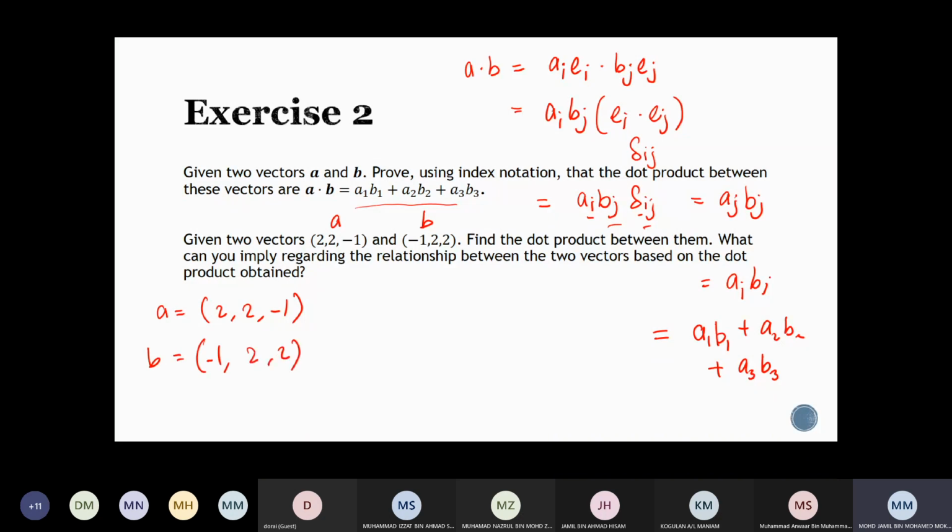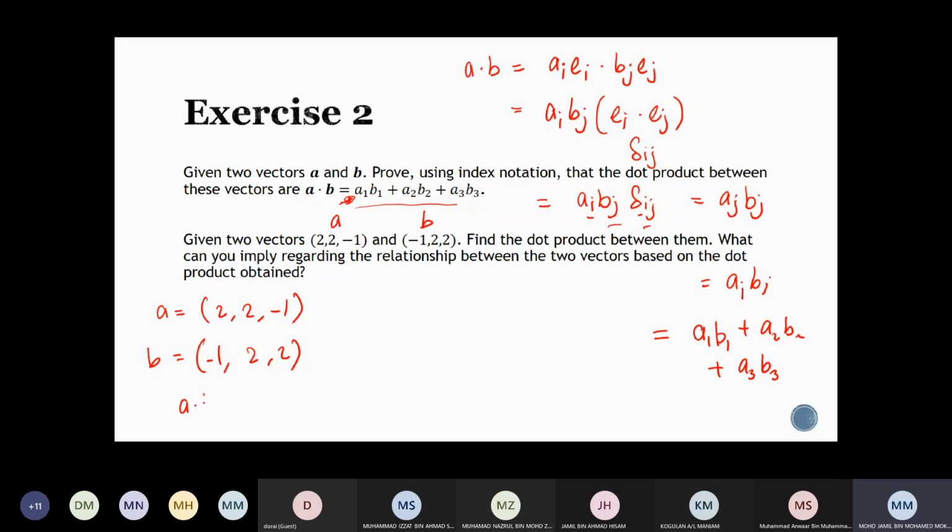For the dot product, we know from these results that you just multiply the components of the vector. So A1 multiplied by B1, A2 by B2, A3 by B3.